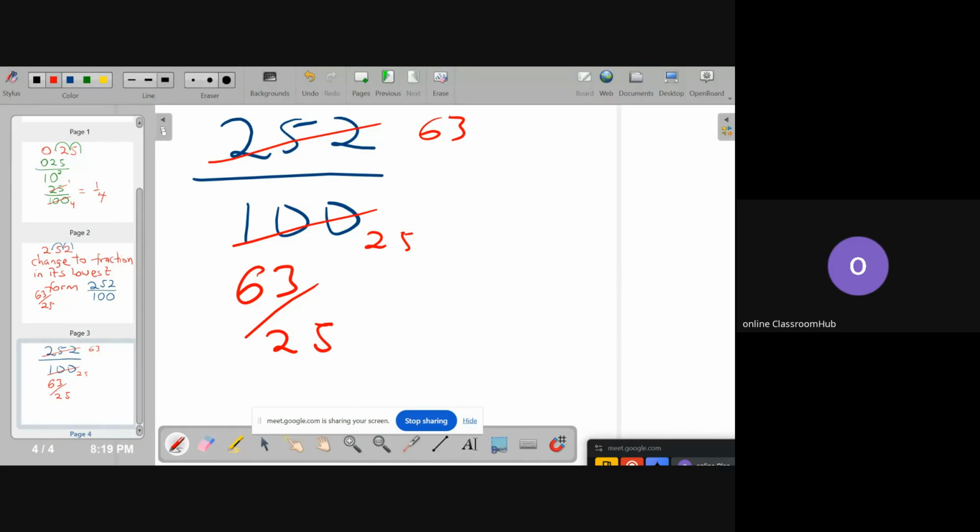You convert to a mixed fraction. So this is our answer, and we are good.